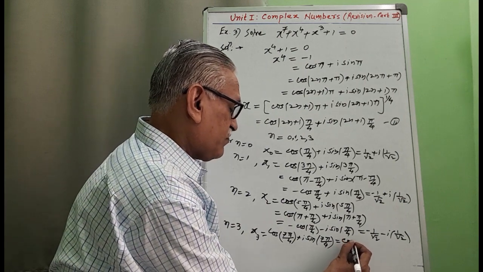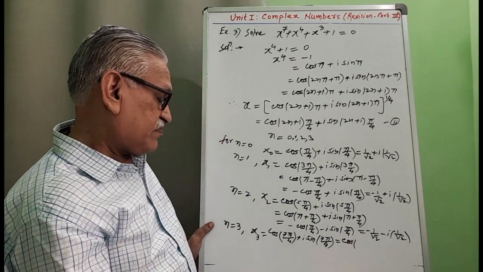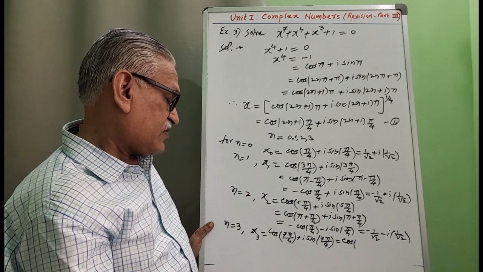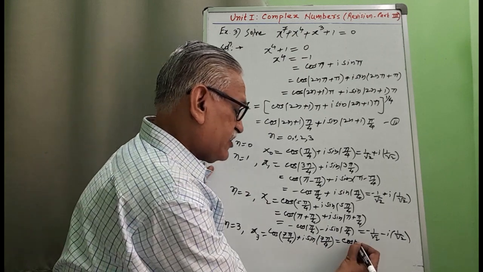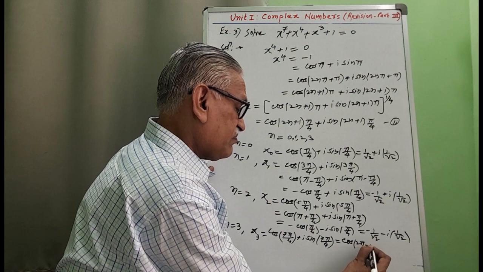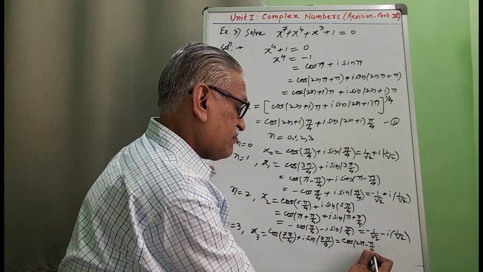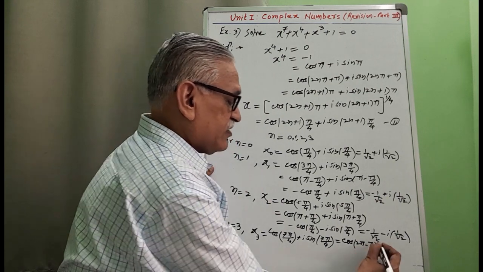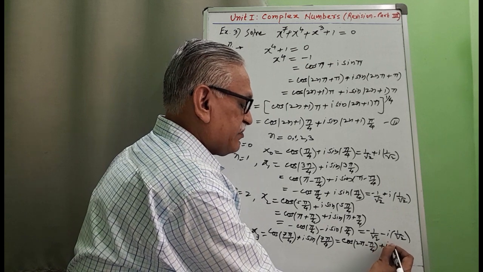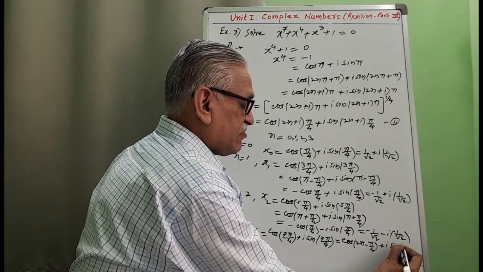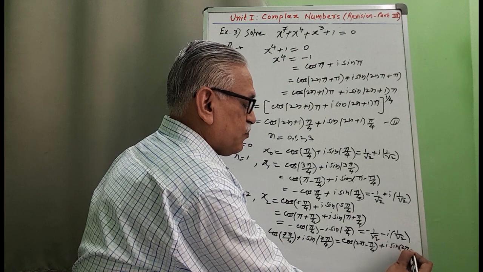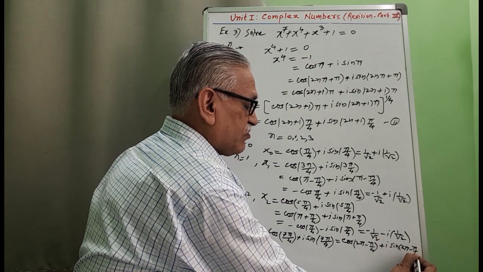Nothing but cos of (2π − π/4) plus i times sine of (2π − π/4).